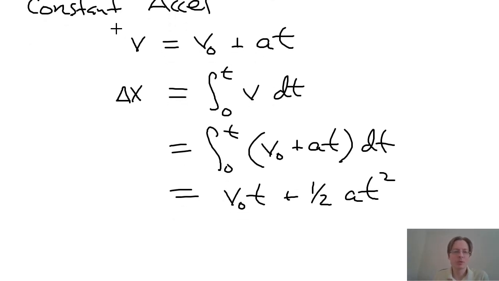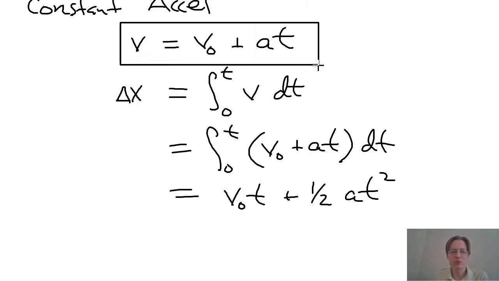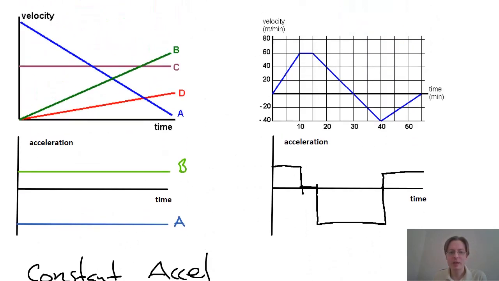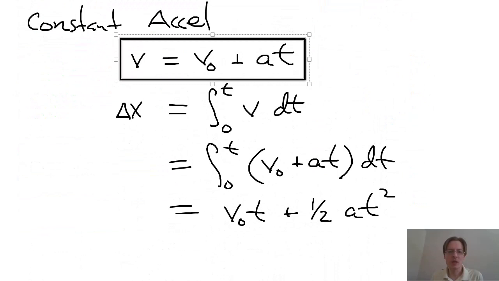So now we have a couple important kinematic equations for constant acceleration. Remember, these are only for constant acceleration. If it's situations like a changing acceleration, like in the right graph, you can't apply these equations directly. You can apply them piece by piece where the constant accelerations are there, but these are only for when the acceleration stays constant.